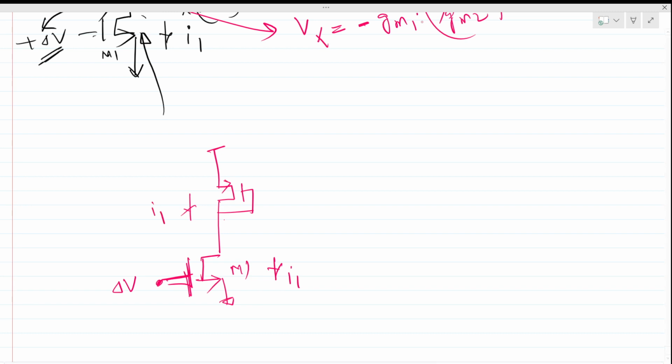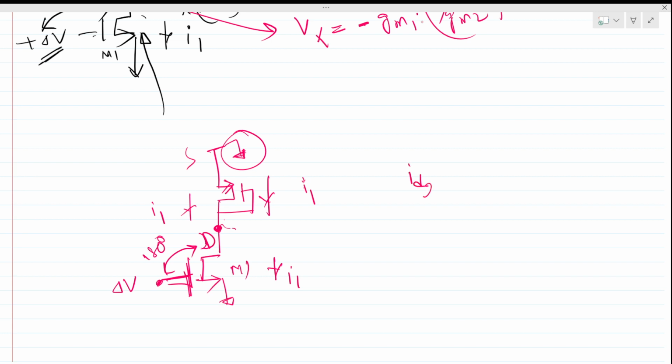But this may look contradictory, because we know that the small signal current of a PMOS and NMOS always flows from drain to source. But in this case, as there is a 180-degree phase shift, this potential becomes negative relative to this zero potential, so the small signal current has to flow in this way. Okay, so this is how the small signal current flows.